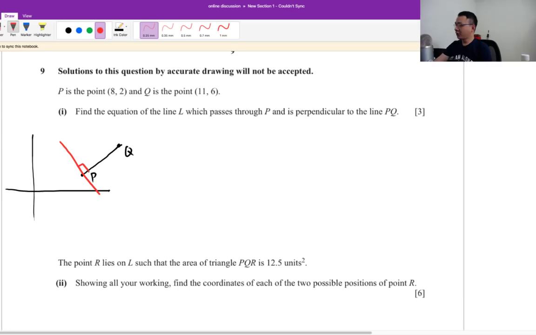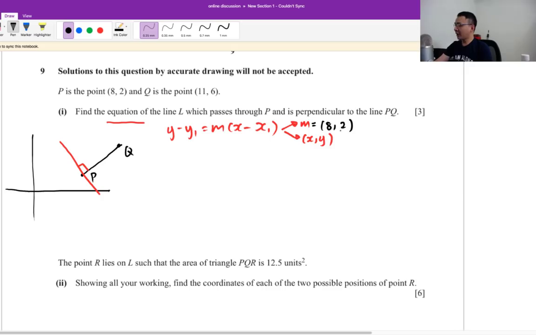So we know if we need to form the equation, we will use the equation formula. And in order to use this formula, I say many times we need two pieces of information: the gradient, and one coordinate it passes through. In this case we have the coordinate P, which is 8, 2.